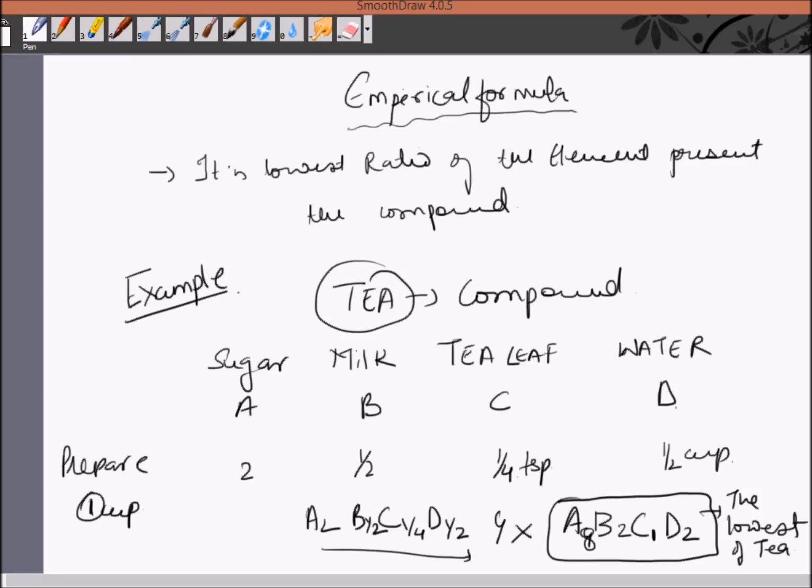right? So in terms of chemistry, let me give you more example. We can take the example of HO. This is a hydrogen peroxide. Do you think this is the actual formula?